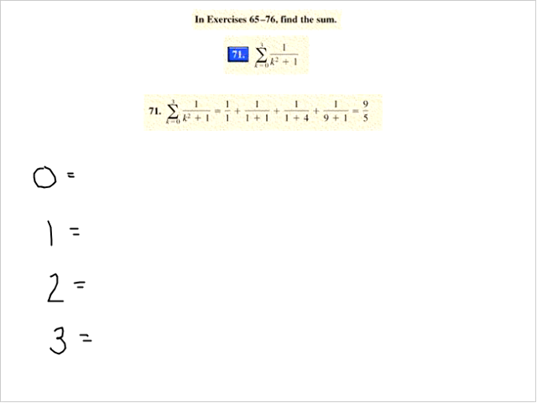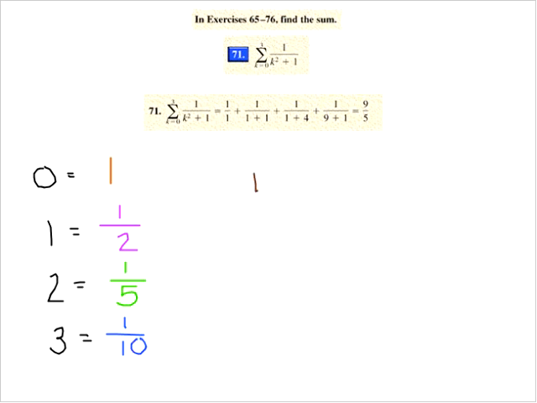When I plug 0 in for k, I get 1 over 1, which is 1. When I plug 1 in for k, I get 1 squared is 1, plus 1 is 2, so I get 1/2. When I plug 2 in for k, I get 1/5. And when I plug 3 in for k, I get 1/10.